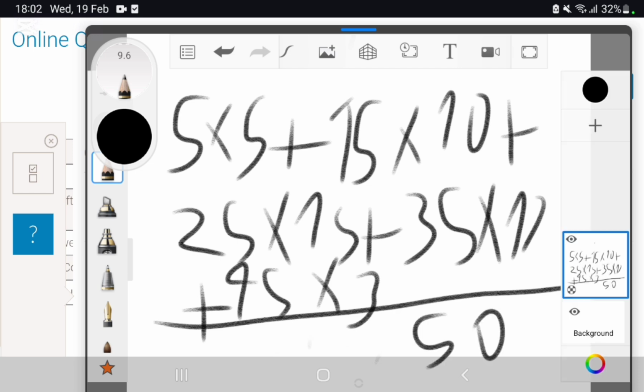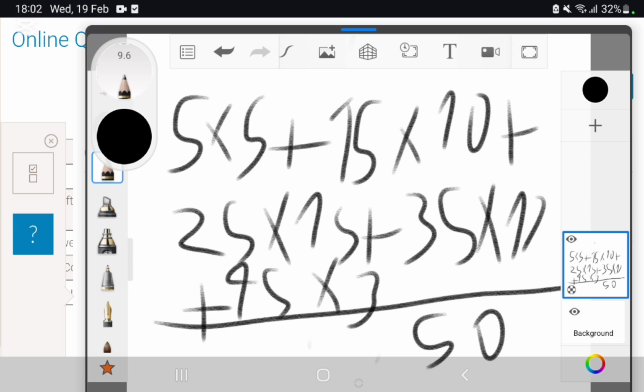So on the calculator, 5 times 5 plus 15 times 10 plus 25 times 15 plus 35 times 10 plus 45 times 3 over 50. Wait, what?